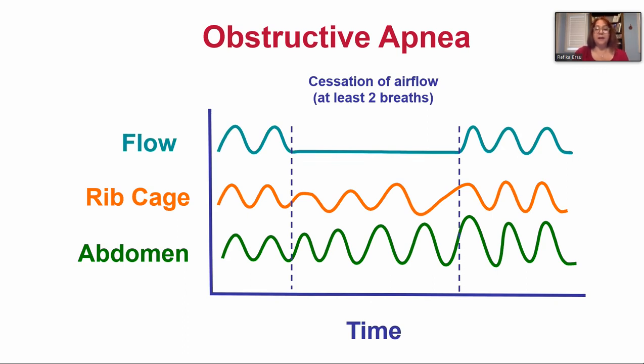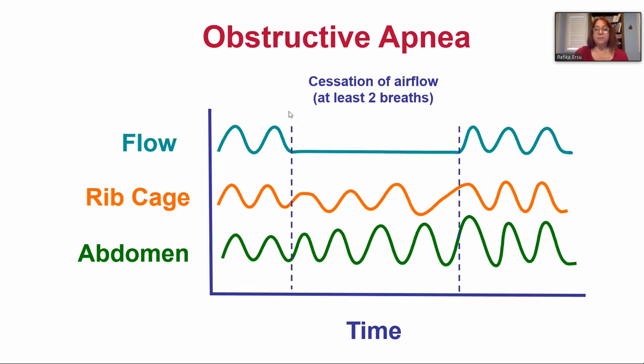So when we come to obstructive sleep apnea, there is no flow, and it needs to last for 2 breaths, again in the presence of rib cage and abdominal movements, and they usually become paradoxical. Here you see they are parallel, and then once you have the apnea, they become paradoxical.